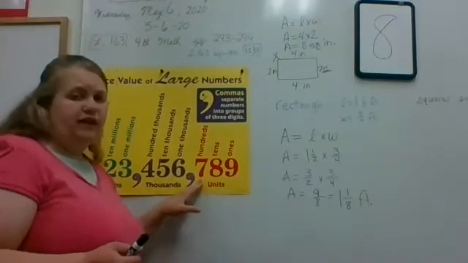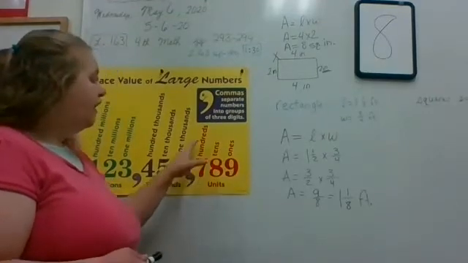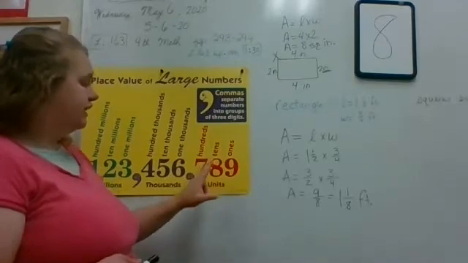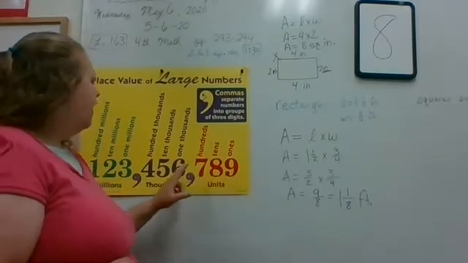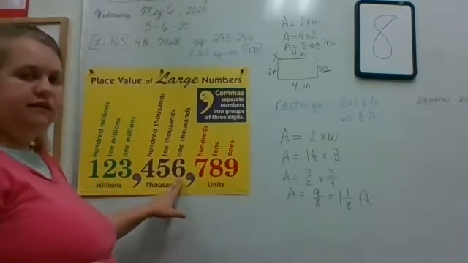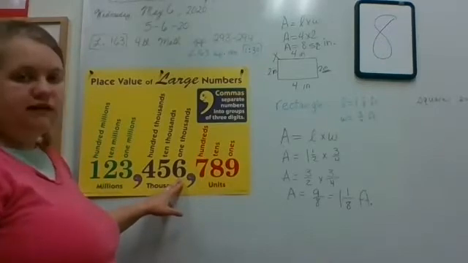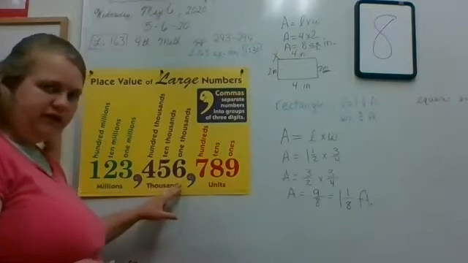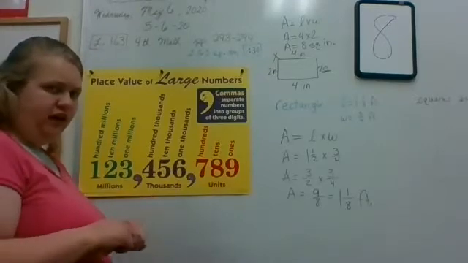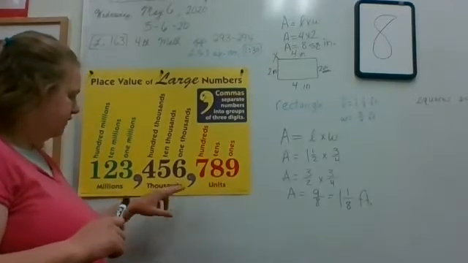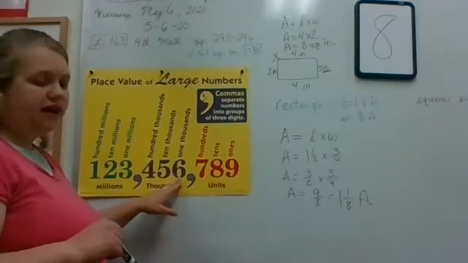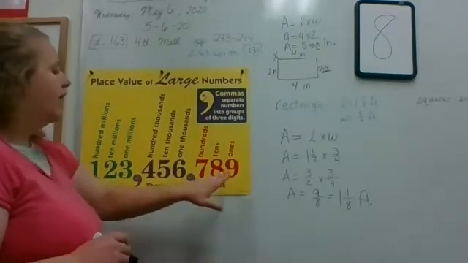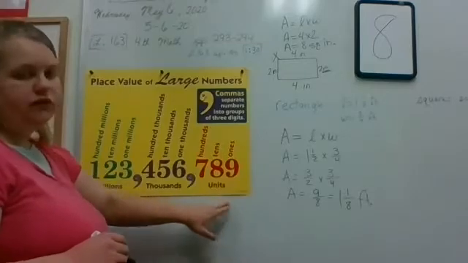7 is in what place? The hundreds place, because we would say 789, right? What about the 6? It's in the 1,000s place. Can you see that? I think it looks like you can see it from my side, but hopefully you can. So as we go, the first one is the ones place.